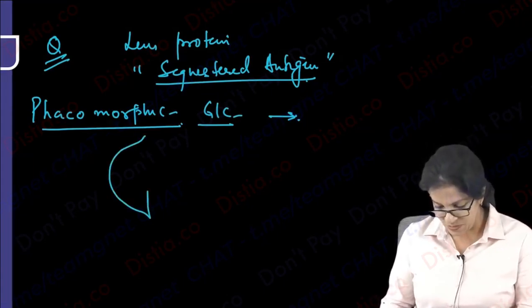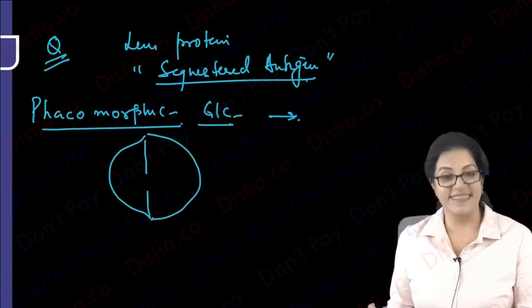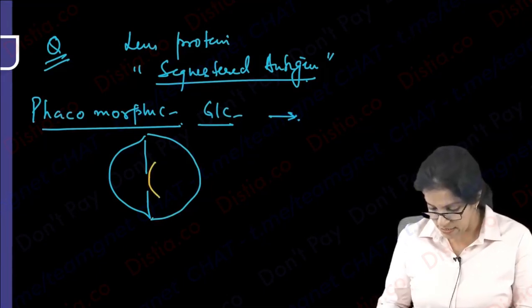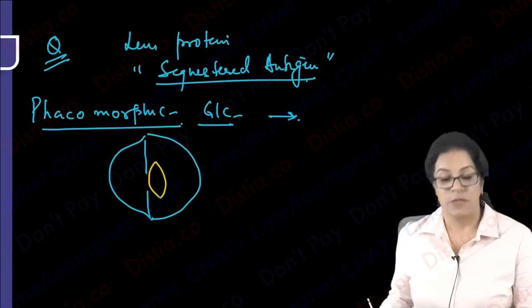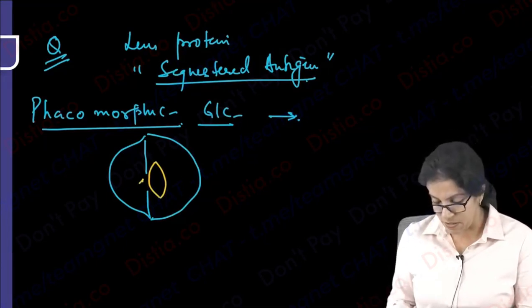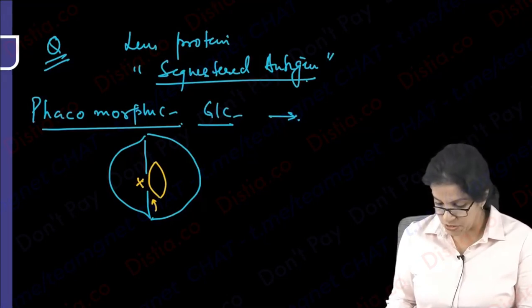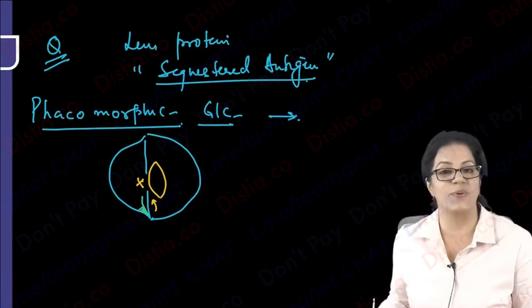Intumescent cataract, you all know, means maximum hydration. When it swells so much that it starts blocking the pupil, aqueous cannot flow anteriorly, and therefore it is going to push the iris forward, and there will be blocking of the angle leading to glaucoma.